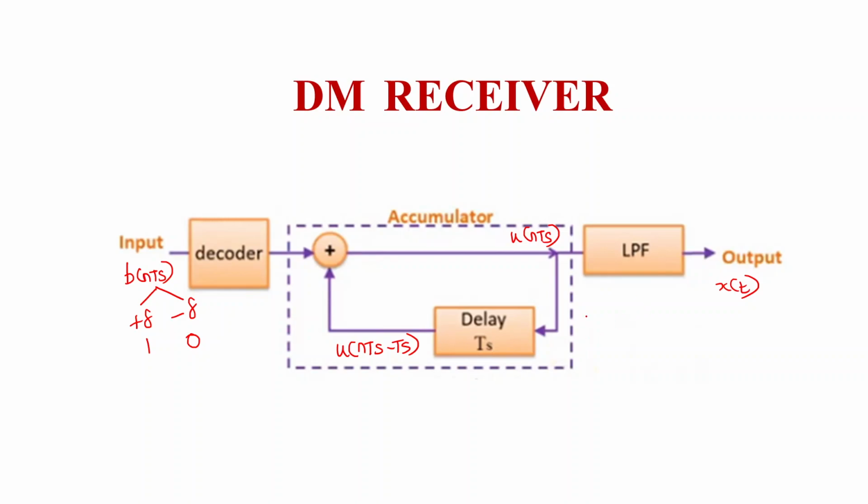If the input is binary 0, then the accumulator subtracts minus delta from the previous output. The low pass filter has a cutoff frequency which is equal to the highest frequency in x of t. Thereby it smoothens the staircase signal.